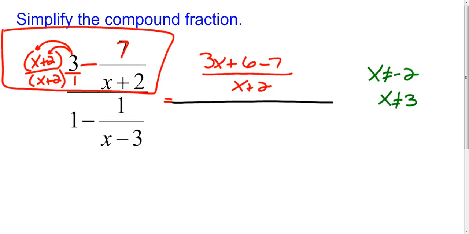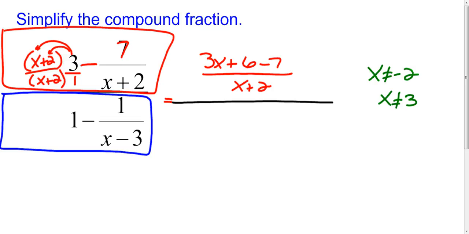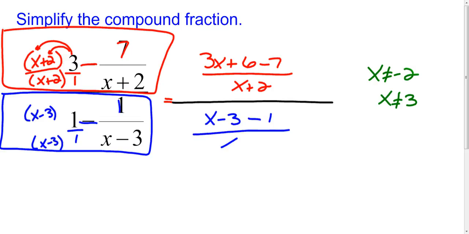On the bottom, I'm going to think of just this part right now. This is 1 over 1. I would need to multiply by my common denominator, which is x minus 3. So I have 1 times x minus 3 is x minus 3, and then minus 1 over my common denominator, which is x minus 3.